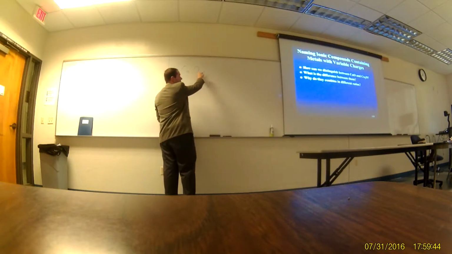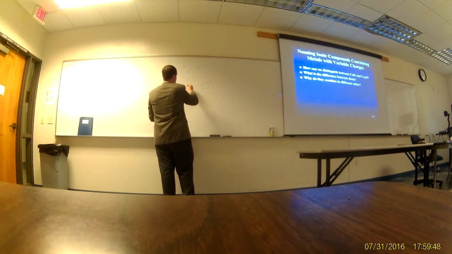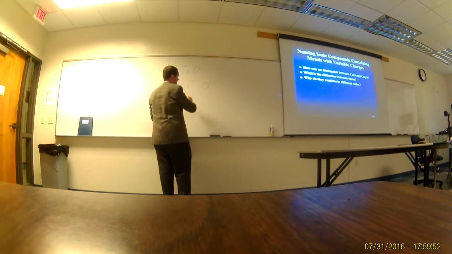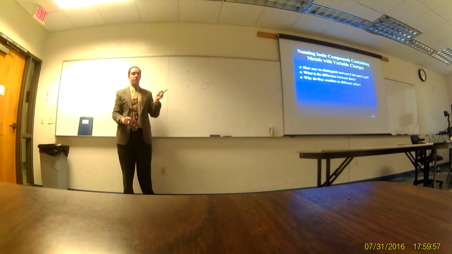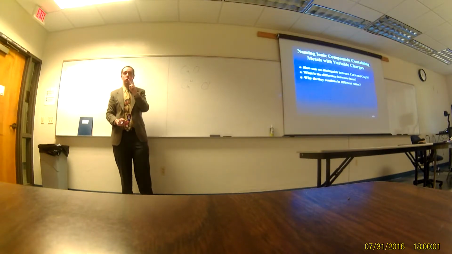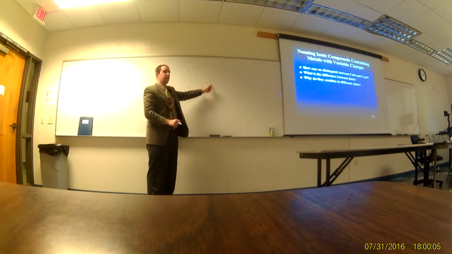What's the subscript here? 1. That came from up here, which means we started with copper 1 plus. But something should jump out at you here as being wrong. What did I say about oxygen? It's always 2 minus. So what do you think happened? Why is it 1 minus here?